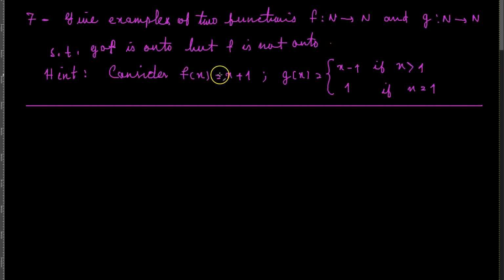So, of course, f is a function from n to n, and you can imagine that f is this function here. f of x is equal to x plus 1 would be basically this function here.